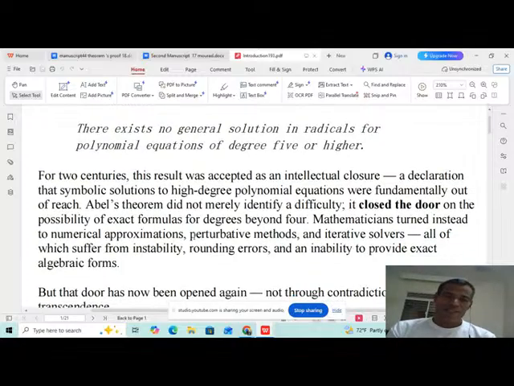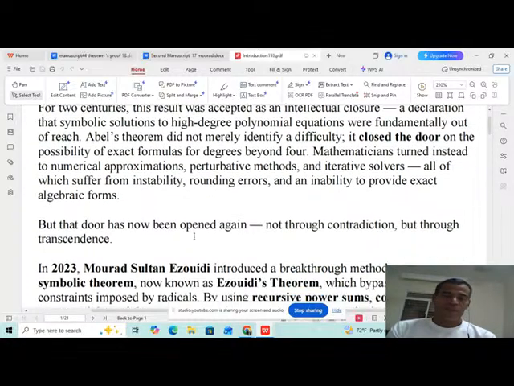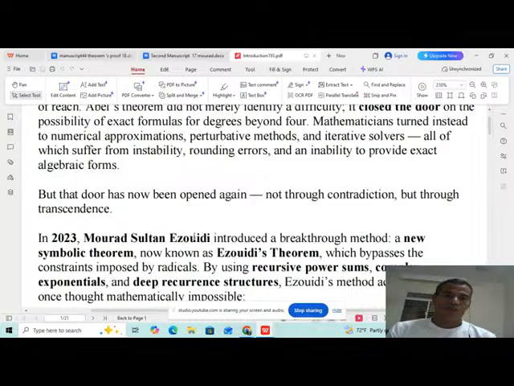But you can believe that that door has now been opened again, and the one who opened this door is named Murad Sultan Ezouidi, not through contradiction but through transcendence.